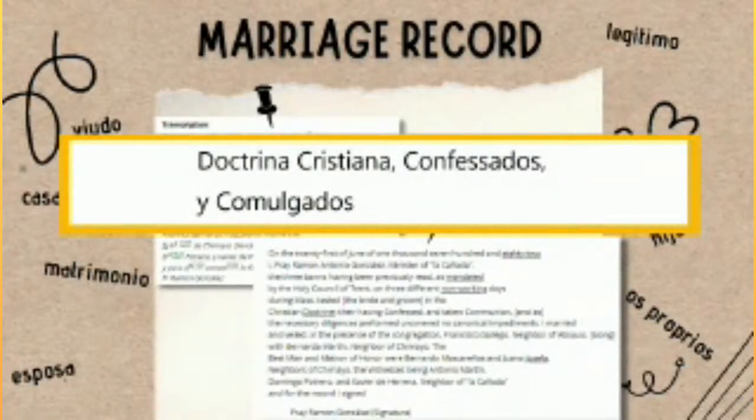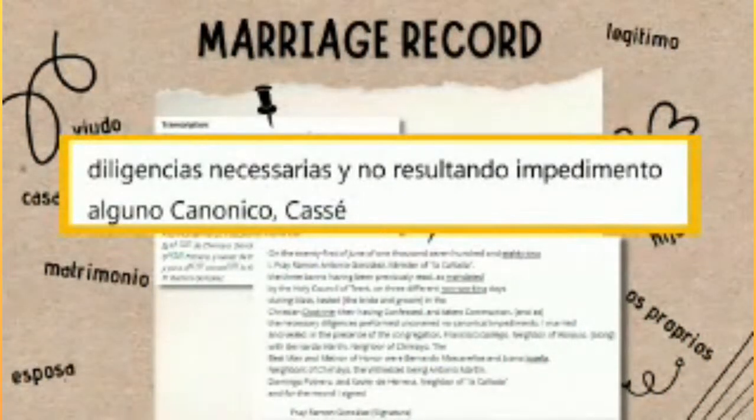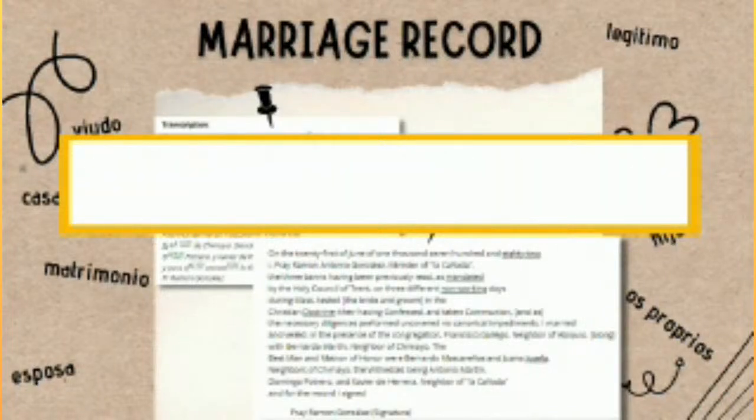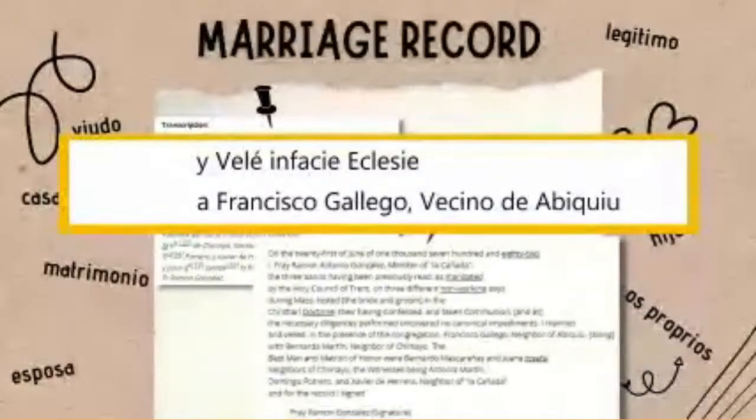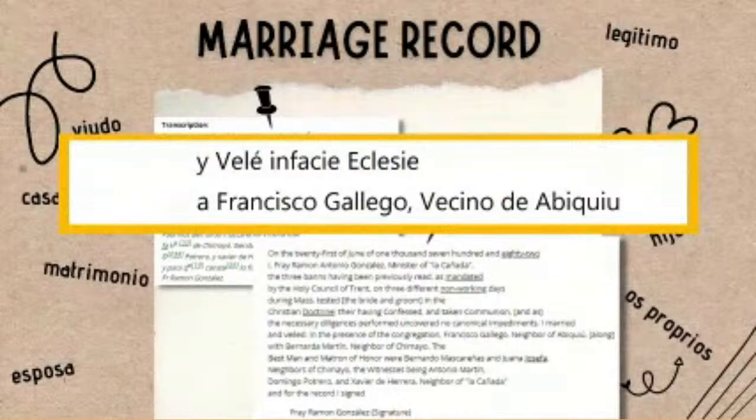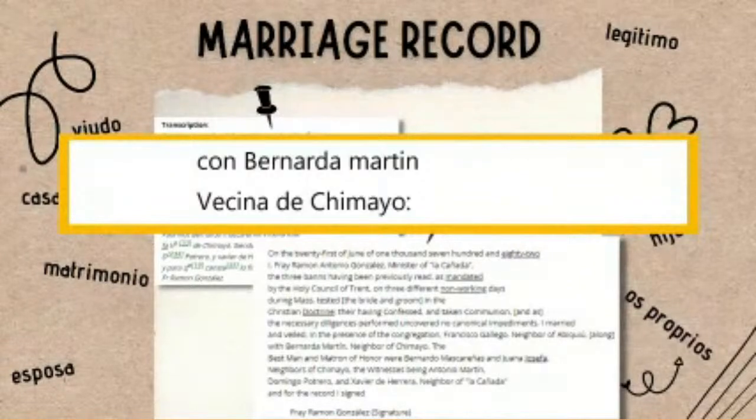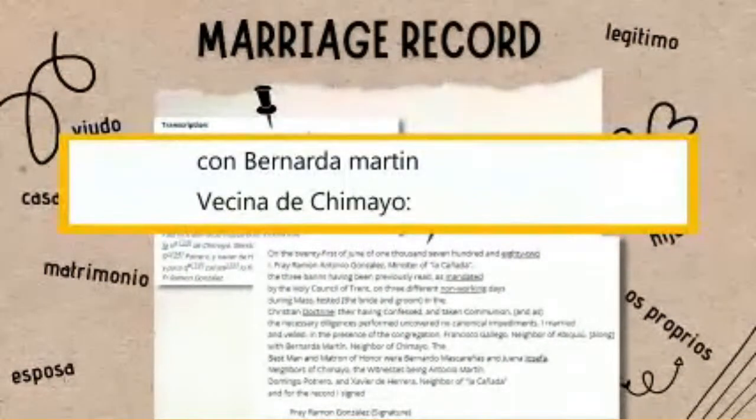In the Christian doctrine, they are having confessed and taken communion, and as the necessary diligences performed uncovered no canonical impediments, I married and veiled in the presence of the congregation Francisco Gallego, neighbor of Abaquay, along with Bernarda Martin, neighbor of Camayo.